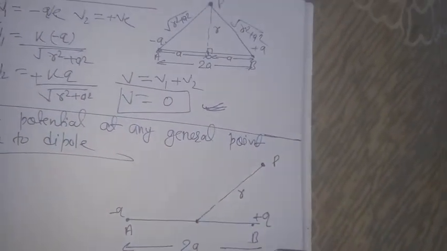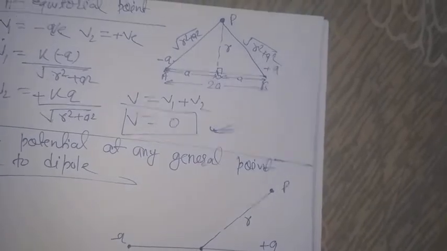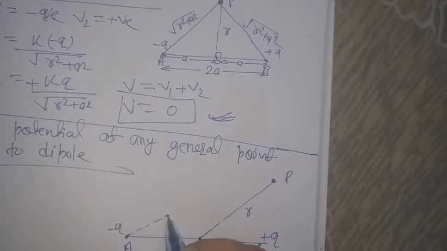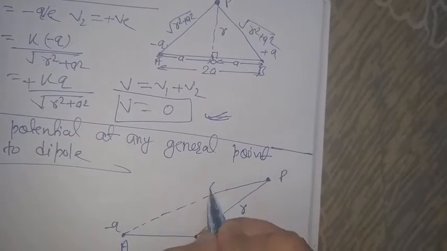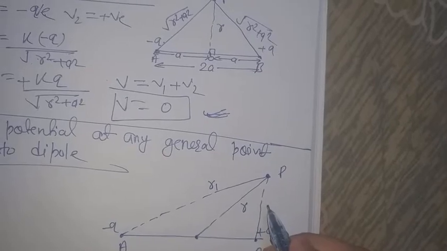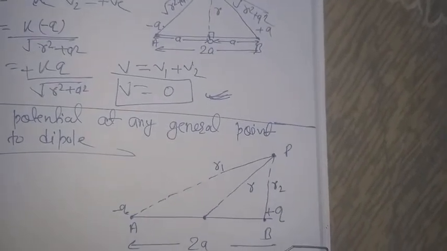Now suppose from the negative charge the distance is r1 and from the positive charge r2.